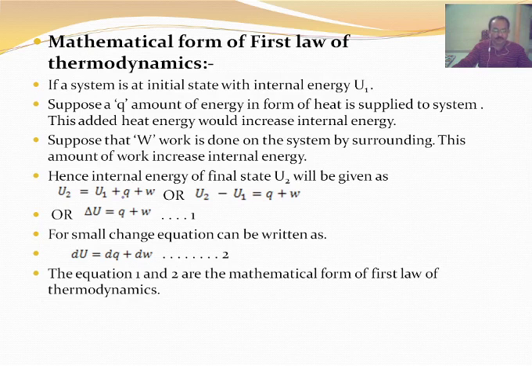Work is done by the system on the surroundings, that is the expansion type of work, right. That means internal energy can be increased by heating, or decreased by cooling or removing the energy, right.